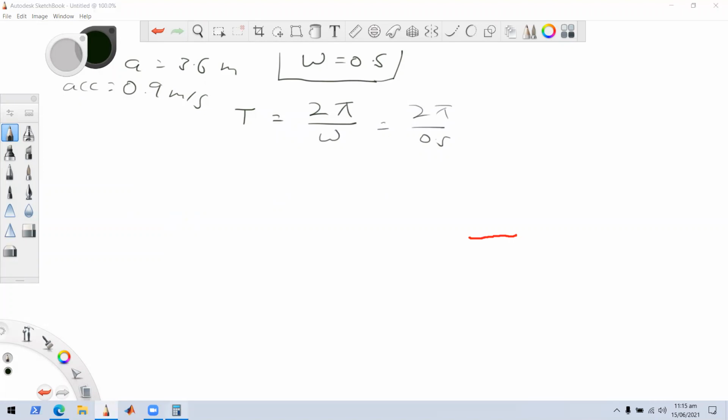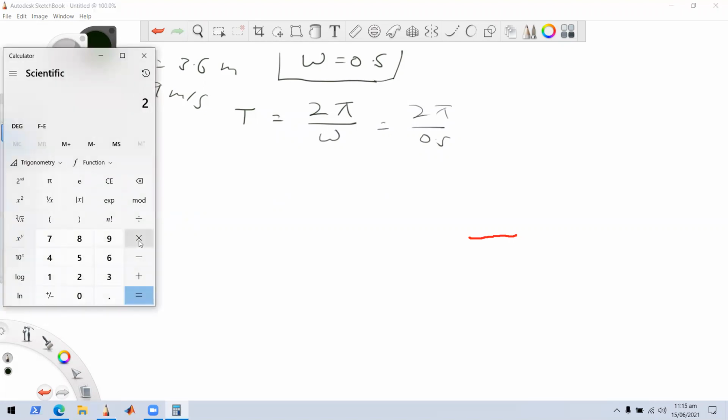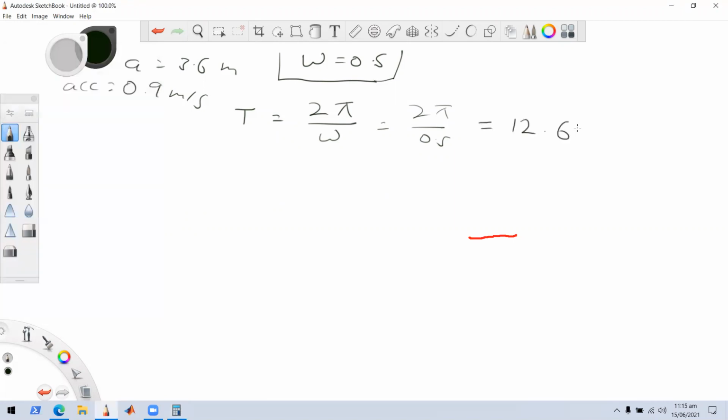So 2 times pi divided by 0.5 is 12.5666, which is approximately 12.6 seconds. We can write that in at the top again: t, the periodic time, is equal to 12.6 seconds. Good.